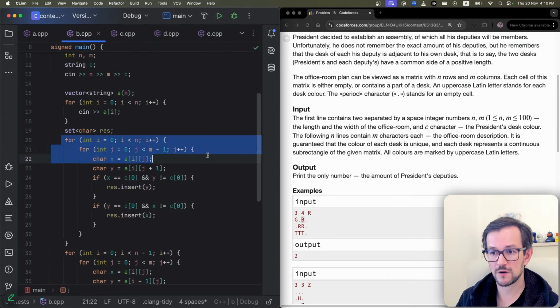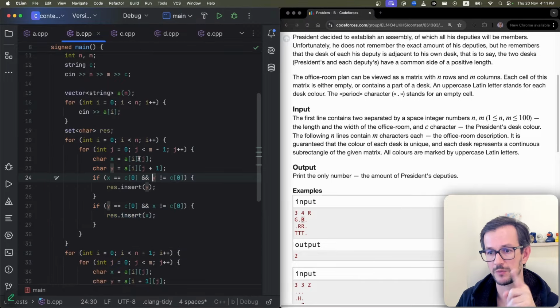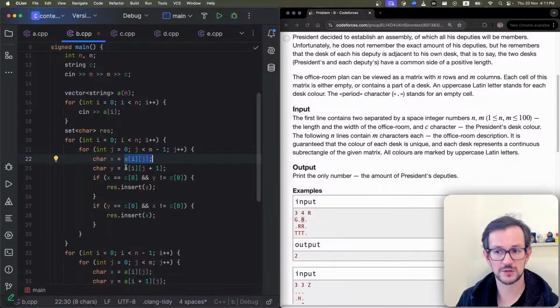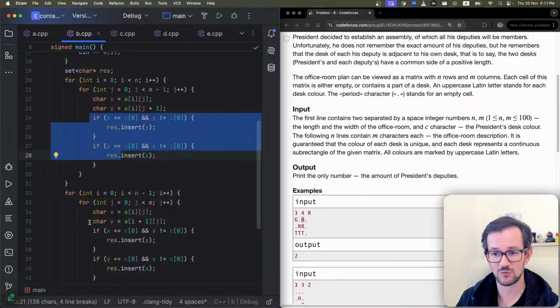These two loops look at all horizontally neighboring cells. I have cell ij and cell i, j plus 1. I take these two cells and look at their colors. Here I copy-pasted the code 4 times.